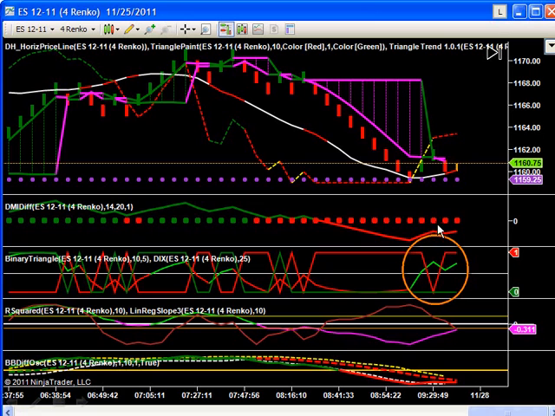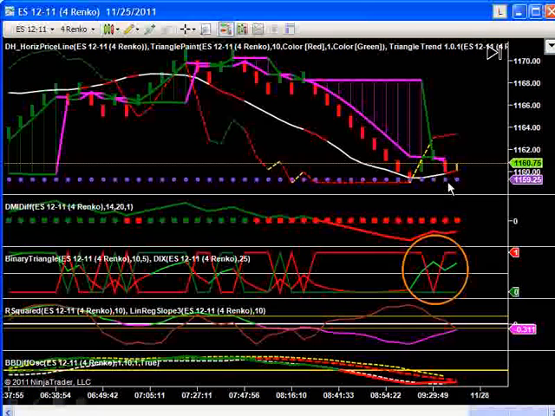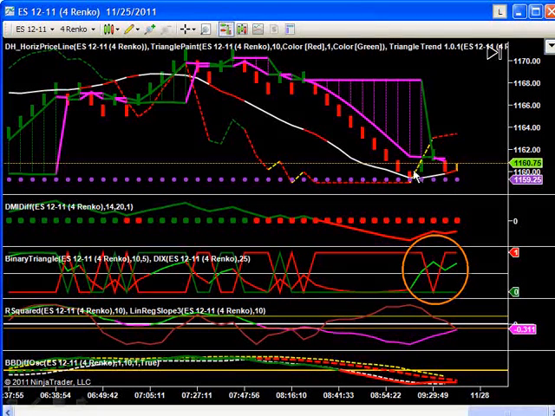The dots are red, so it shows there's not even an upward bias to the equity here. So you would stay in the trade right in here that you would get into on this bar right here. That's where you would enter the trade. And the swing cycle is crossing above the variable band, which shows it is relatively oversold right in here.